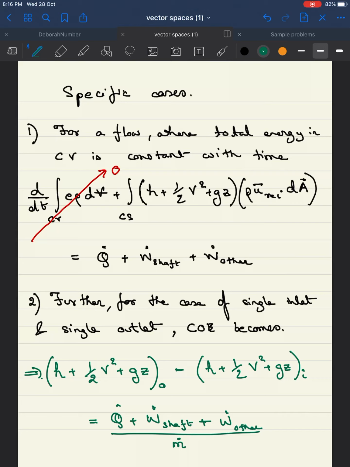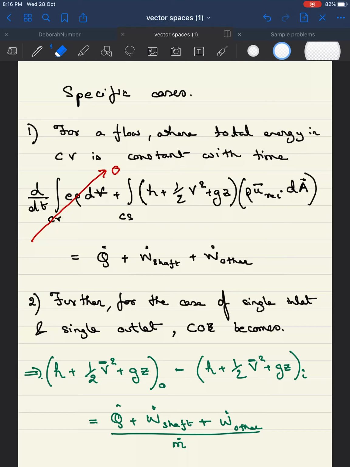But still there is another problem here. When I am doing this integral, this v need not be constant at every point across the control surface. This should be the average value of this. This is the total integral value, right? So this v has to be denoted by a bar to denote that this is some kind of an average velocity.